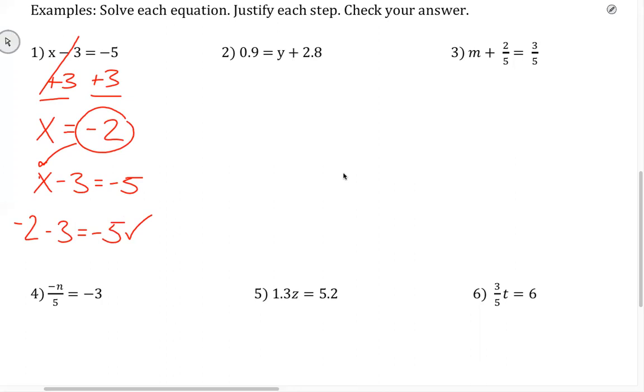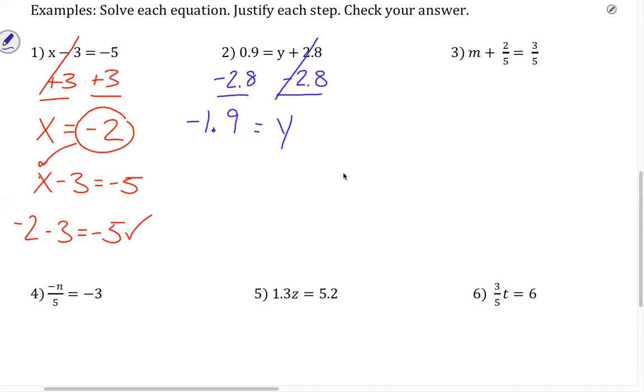Now, to do number 2, the variable's on the right, but it doesn't matter. I'm trying to undo a -2.8. Again, Brendan told me that, and I add 2.8. Those cancel. y is on the right, and 0.9 minus 2.8 is -1.9.